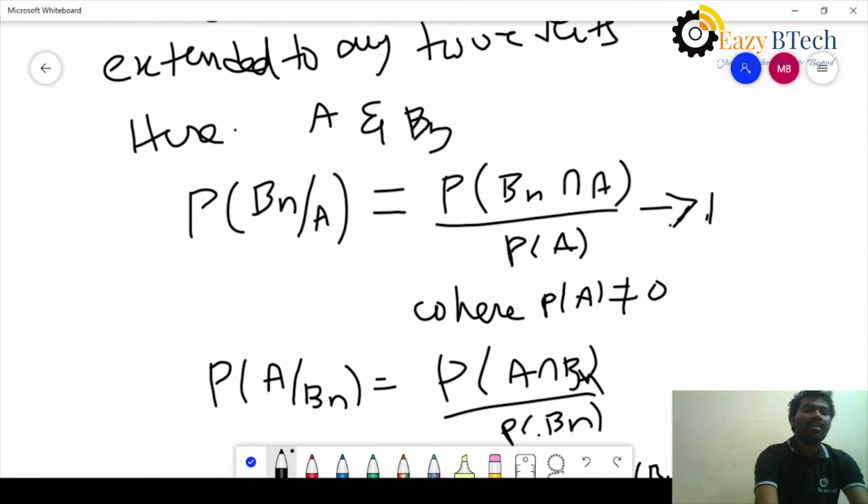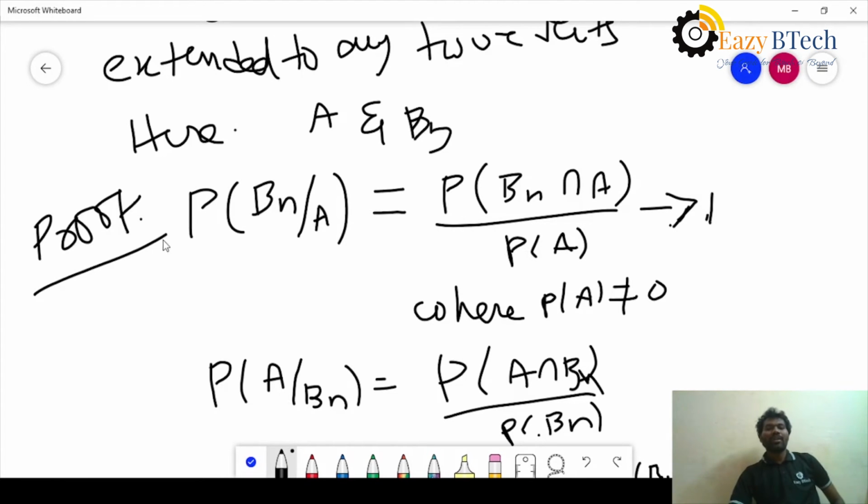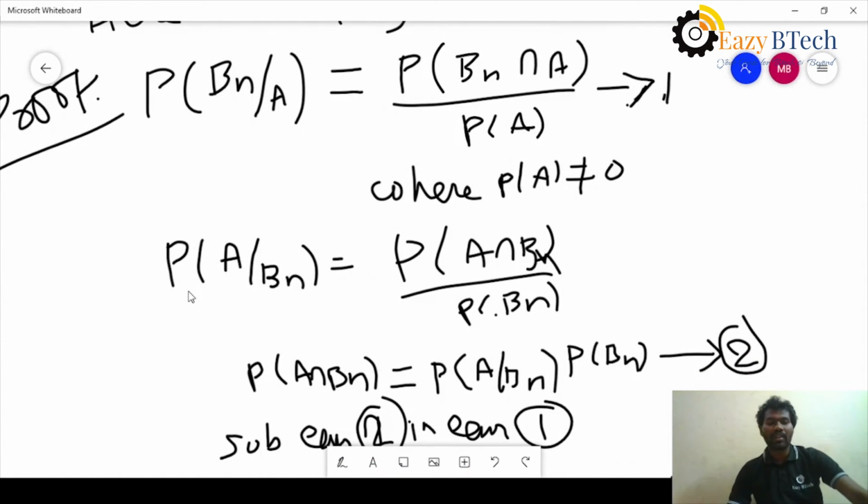Proof starts from here. We know that P of Bn given A is written as P of Bn intersection A divided by P of A, and I am assuming this as equation number 1. From conditional probability, we can also write P of A given Bn equal to P of A intersection Bn divided by P of Bn.